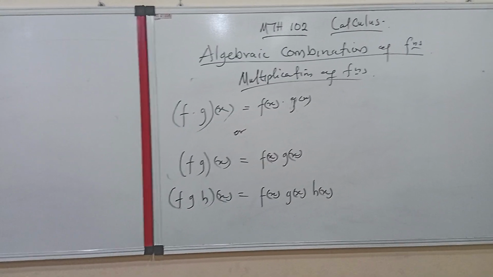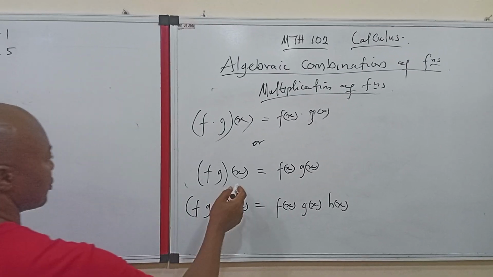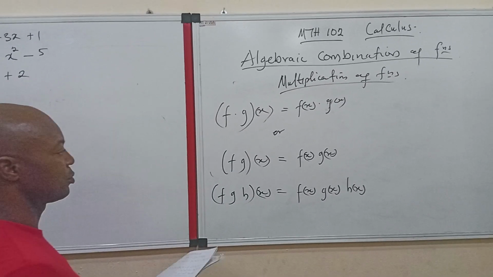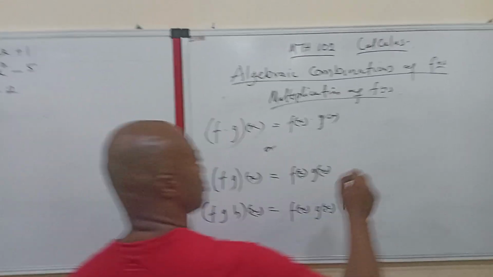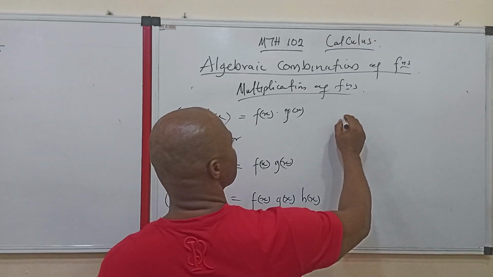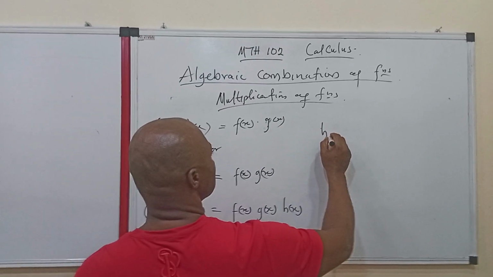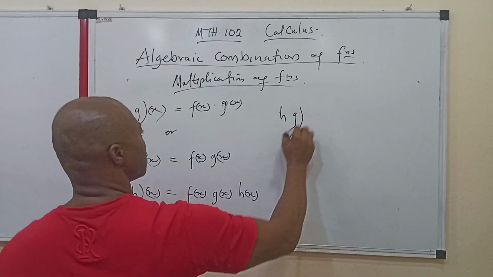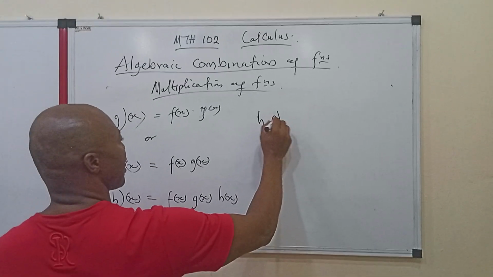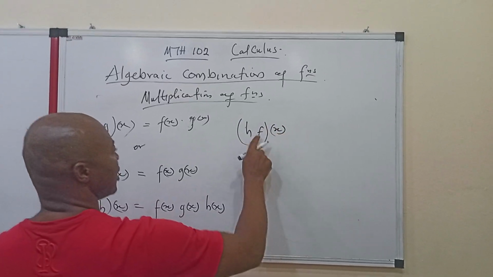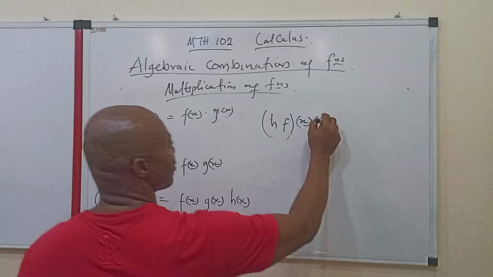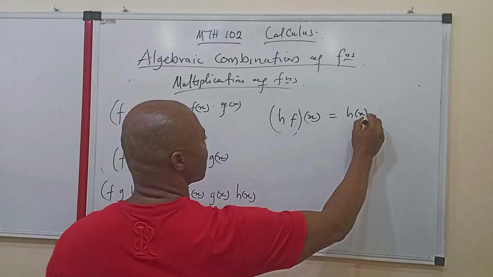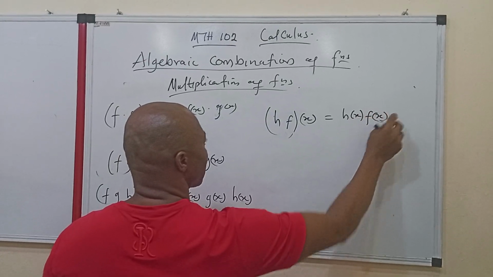Now, if we want to do this, then it is also pretty straightforward. So if we say we are interested in h of g, or h of f, all of x, we're saying that this is the same thing as h of x, f of x.